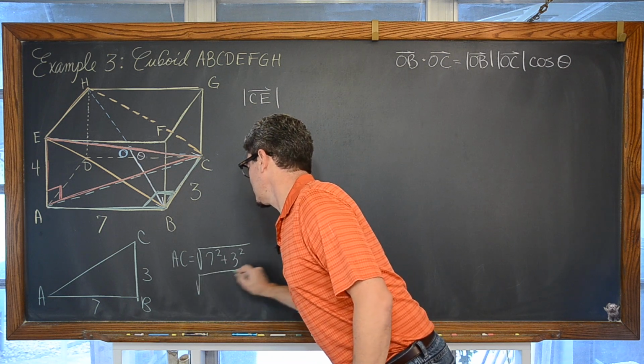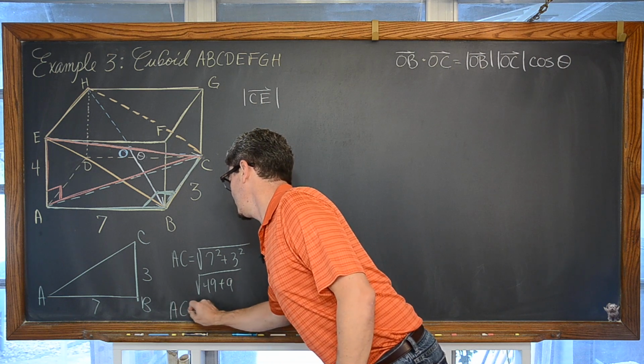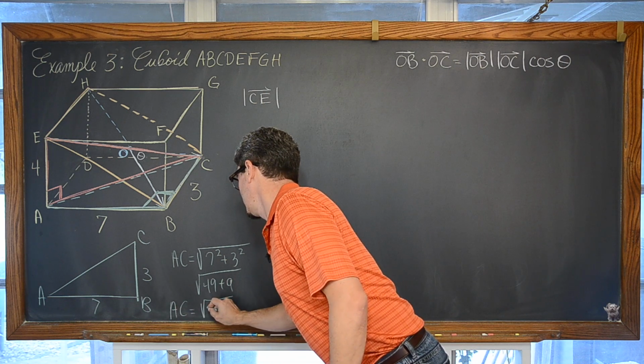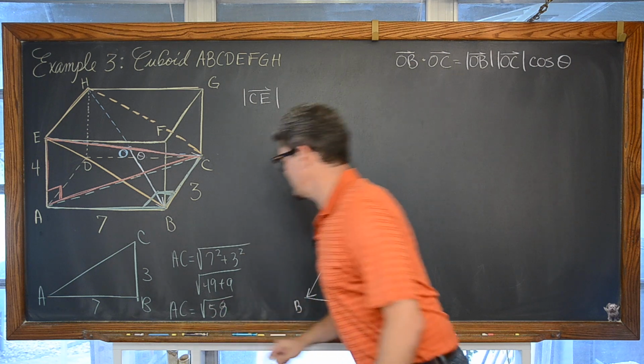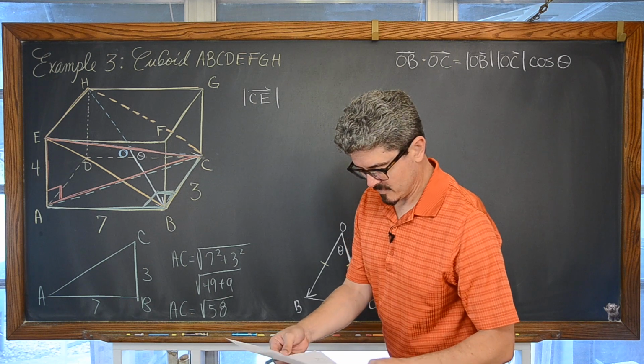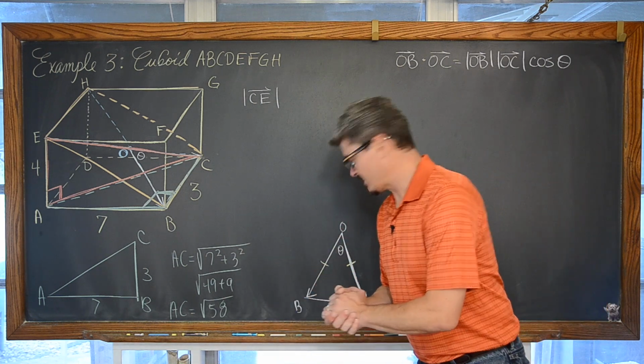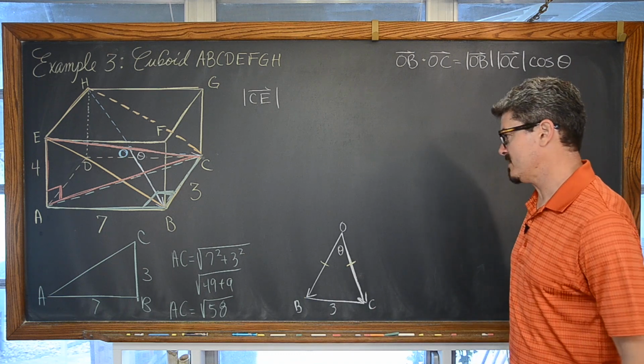It's going to be the square root of 49 plus 9. We have AC is the square root of 58. And just to make sure I don't carry some silly mistake through the rest of the problem unknowingly, because you and the camera can't yell at me and say I've written something wrong.